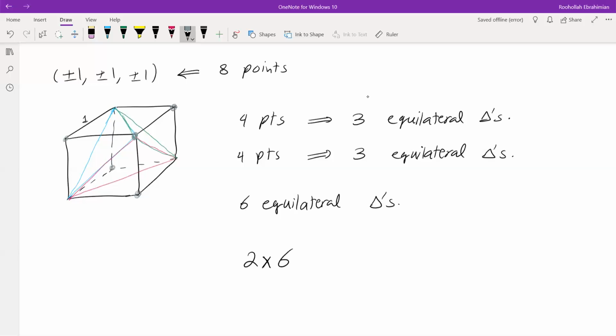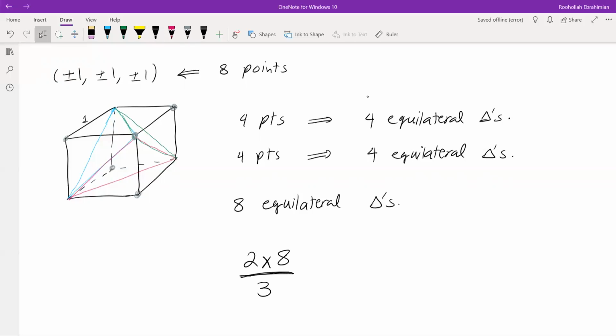One, the red one, the green one, and the blue one. Oh, actually this is 4 equilateral triangles, not 3. So there's one also in the back. So in total, I have 8 equilateral triangles. So if I choose 2 vertices from each one of them, I get 16 points, but then each point has been counted 3 times.